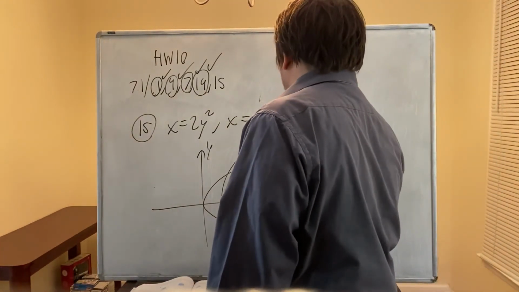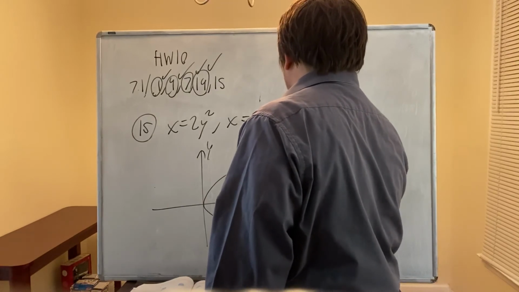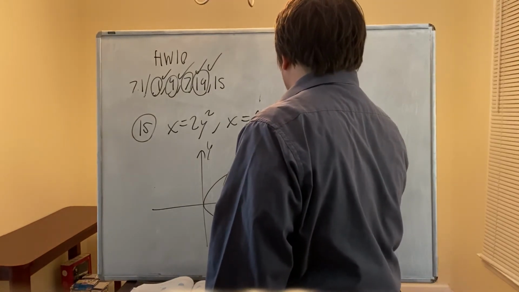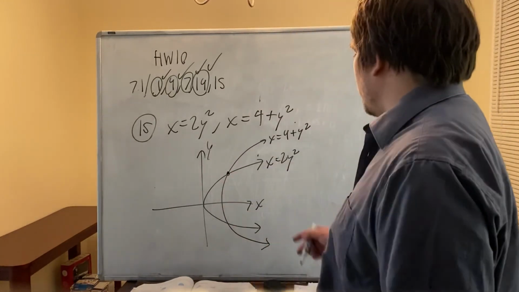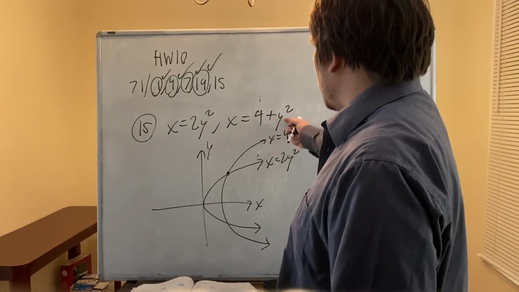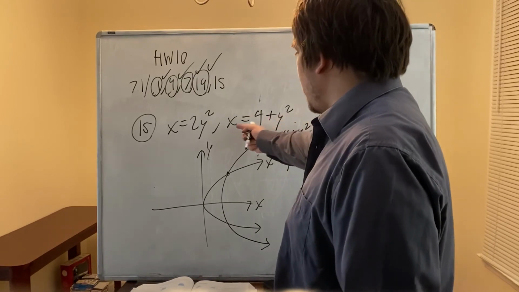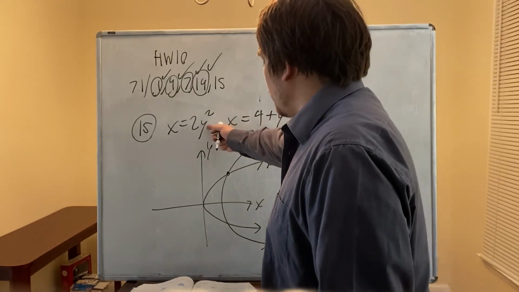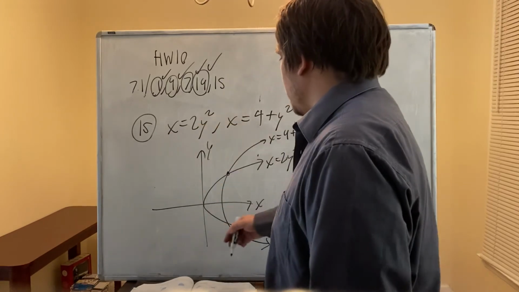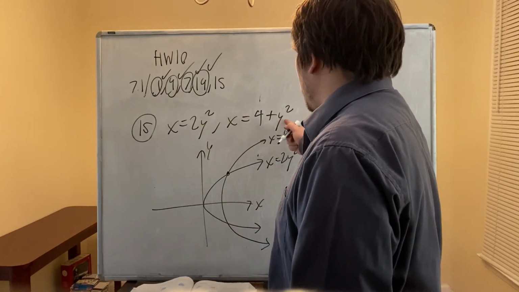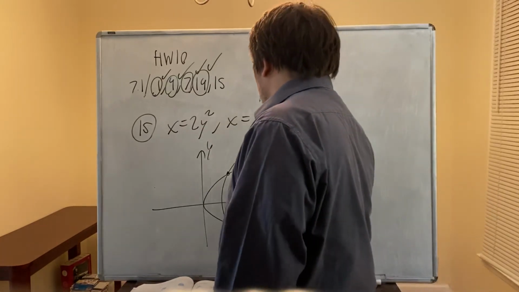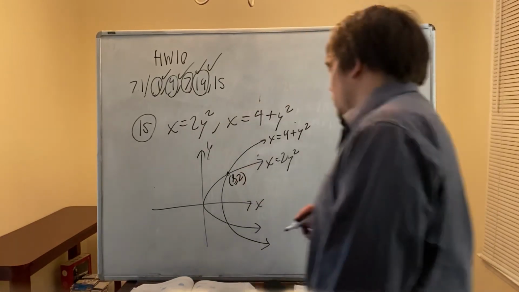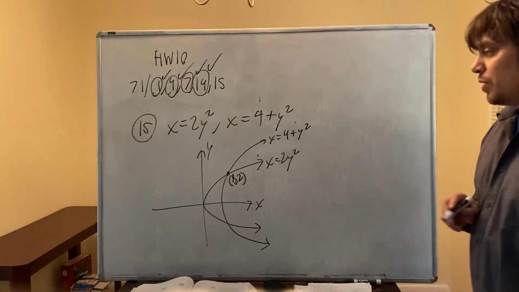So this is x equals 2y squared, and this is x equals 4 plus y squared. And so they intersect at the point where, if you plug in y equals 2, you'll see that you get x equals 8. If you plug in y equals 2 here, you also get 8. So when y is 2, x is 8 for both. So (8, 2) is an intersection point of the two graphs.